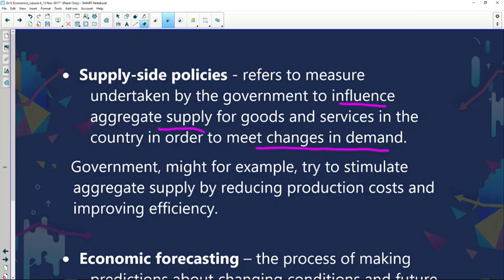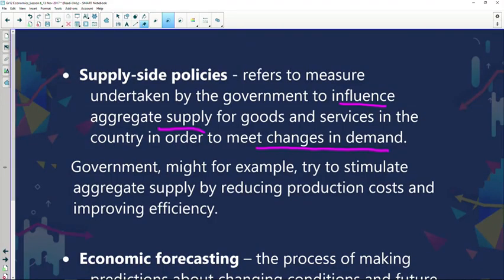Because there has been a change in demand and therefore something needs to happen to the supply so that the supply meets the changes that have happened around demand.